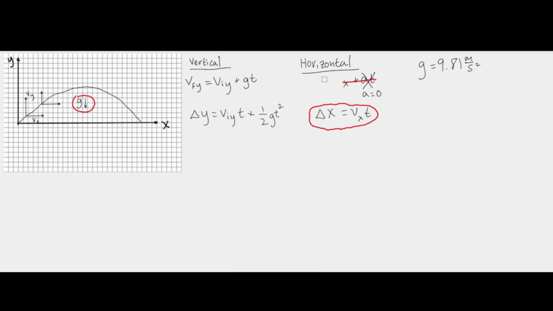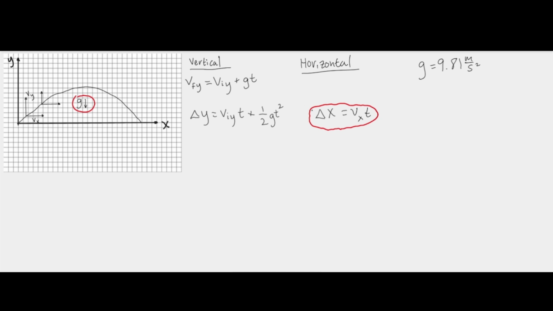For example, sometimes we'll first solve for time using the horizontal equation because this equation is very simple, and the velocity remains the same throughout the trajectory of this projectile in the horizontal direction. We'll use that fact often to solve for time.